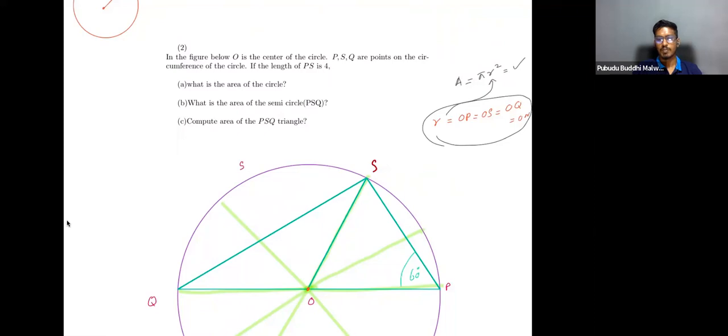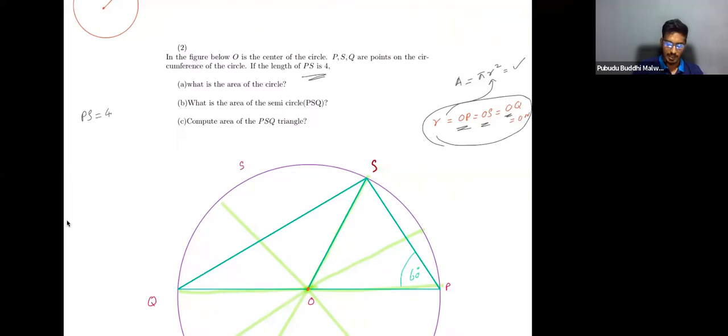Now it's a matter of computing OP, OS, OQ, right? So for that, we do have the length of PS here. Length of PS equals 4. So maybe we should use that, right?